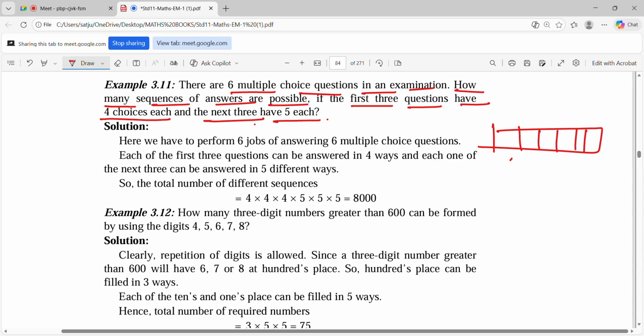First 3 have 4 choices, therefore 4, 4, 4. Next 3 have 5 each, so 5, 5, 5. Because all the jobs have to be performed here, 4 into 4 into 4 into 5 into 5 into 5, that is 8000. Understood? Next.